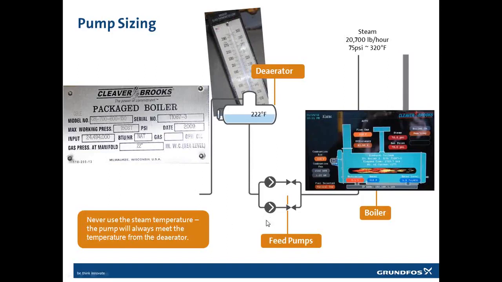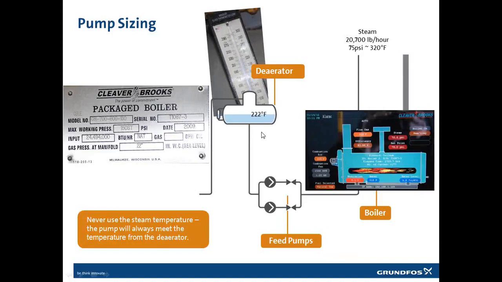When we look at a feed pump, it will never know what happens beyond this line. It doesn't know if we are cooling the water down, if we are heating it up, whatever we do to it. So the feed pumps will never see what is happening on the right side of the drawing.